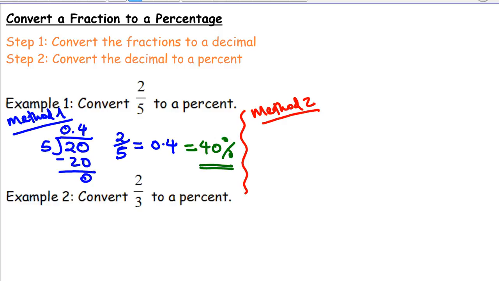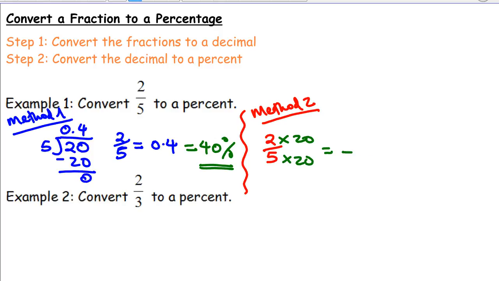So for example, if you have 2 over 5, we need to find a fraction that's equivalent to 2 over 5 whereby the denominator is 100. Now what we can do is we can multiply each of these by 20.